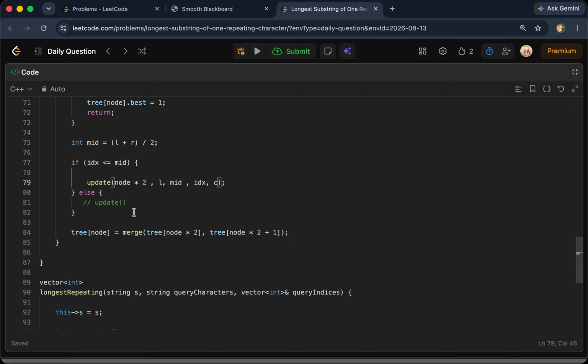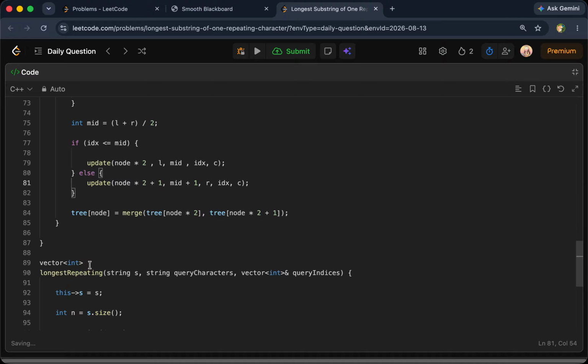Okay, then I'll update. Node into 2 plus 1, mid less 1, write idx and c. Still I'm missing anything.